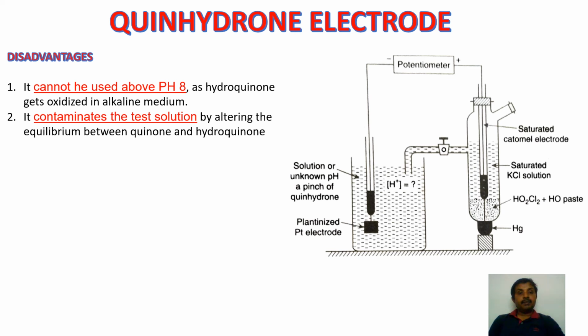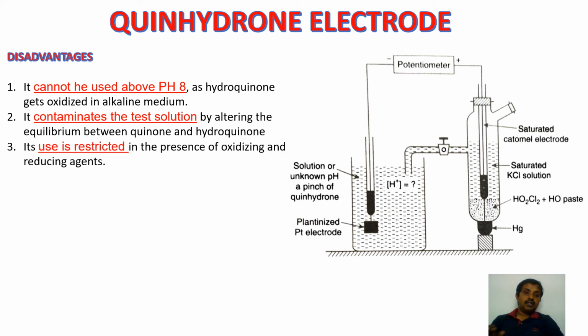Whenever the equilibrium between the quinone and hydroquinone is disturbed, it contaminates the solution to be analyzed. Its use is restricted in the presence of oxidizing and reducing agents. It gives salt error. It is unstable above 30 degrees centigrade.